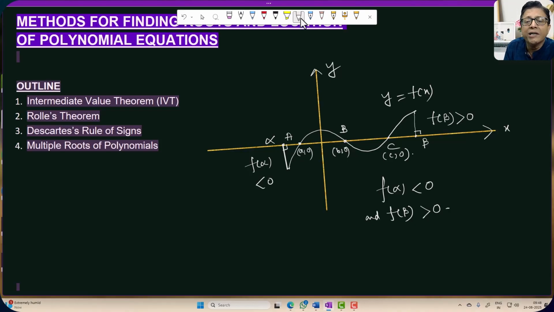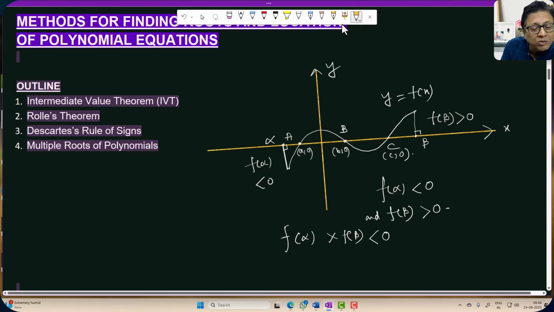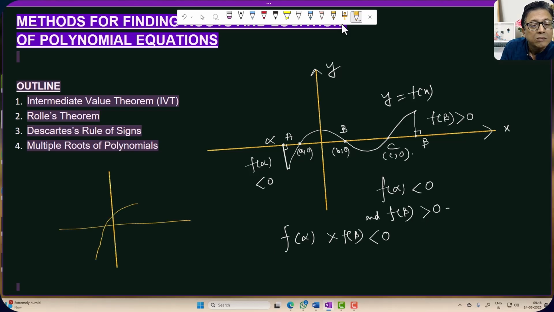But one thing is clear, if there is a root between these 2 points, then the product f(alpha) times f(beta) should be less than 0. Can there be only one root possible? Yes, just one root also can be there. See, if this one is beta and this one alpha, then there is a root at this point between alpha and beta.